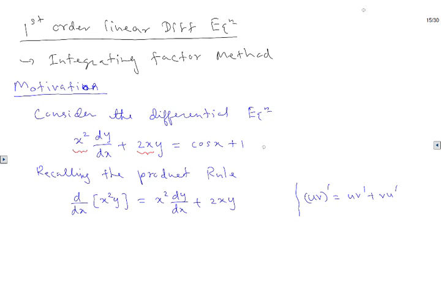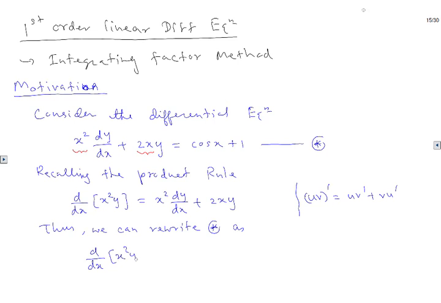If I call this equation star, you can see that this is exactly what is on the left side. So we can rewrite star as follows: the left side is simply the derivative, so we can replace that side by this.